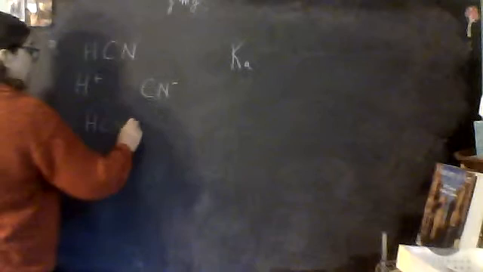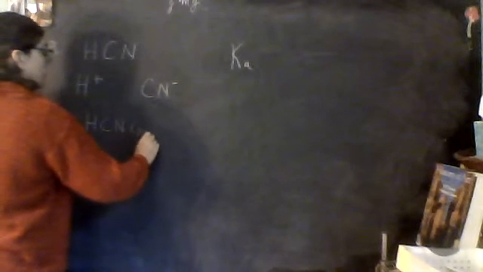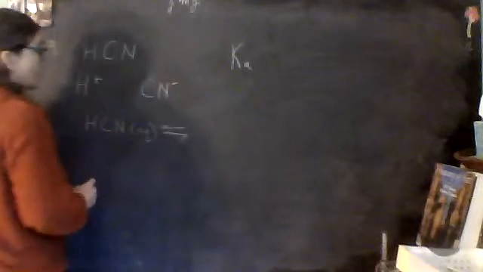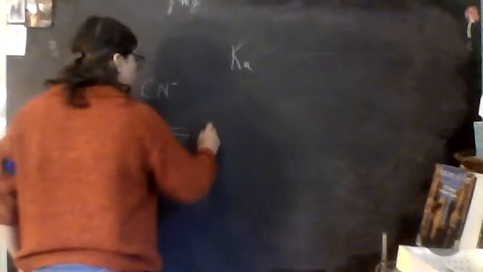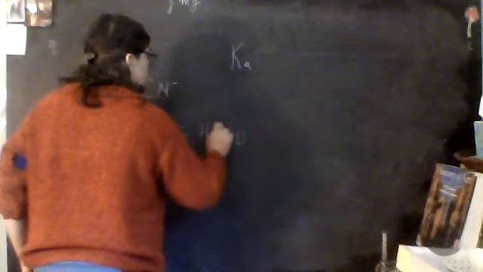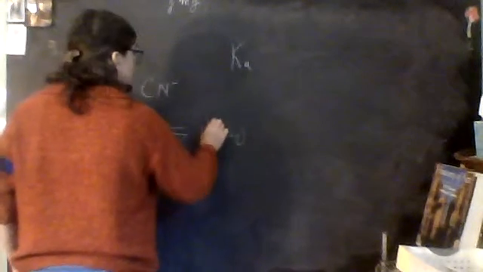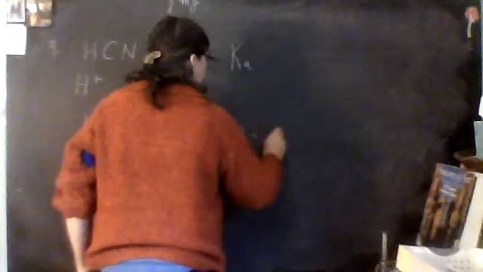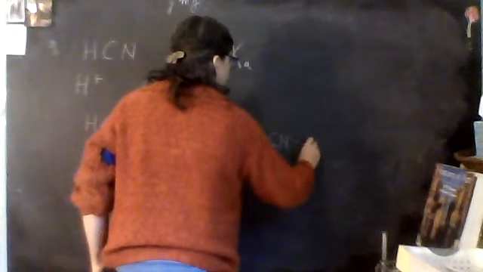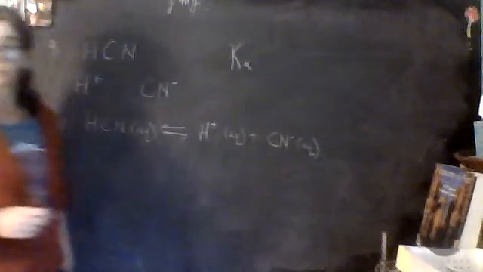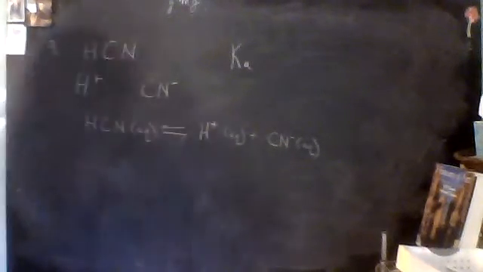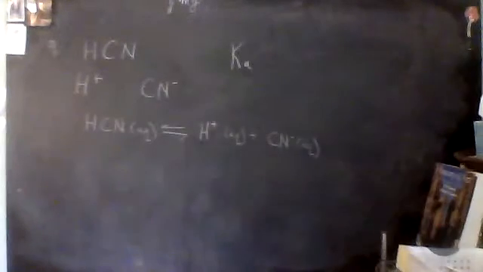Okay, so HCN is in equilibrium with H negative plus CN negative. I think you're mistaken about something. No, H plus, right? Of course. And then we just put them into the equilibrium constant equation.